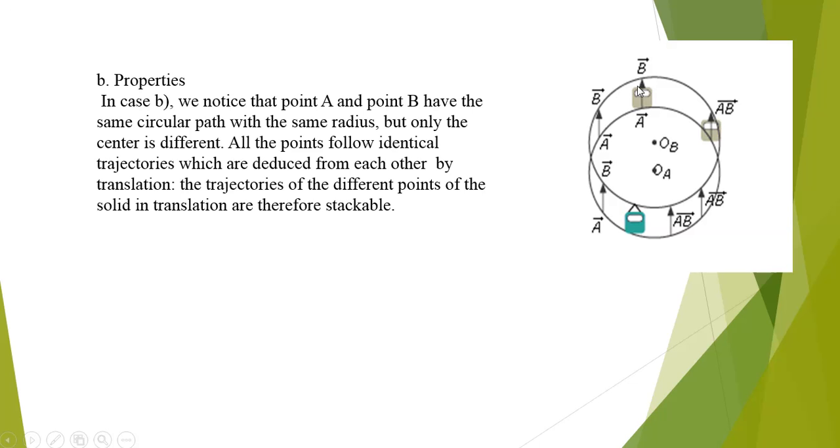To obtain the circle relative to B from the circle relative to A, we make a translation using the vector of translation AB starting from the circle relative to A.